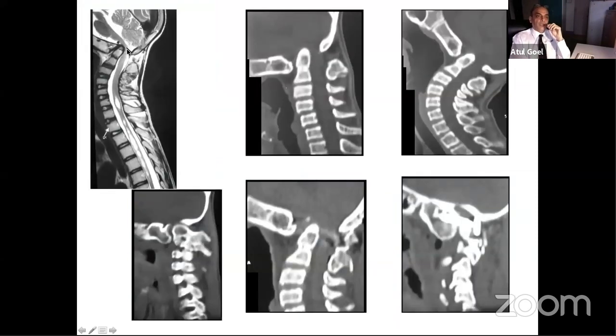So this compression of the odontoid process has been the troublemaker for a long period of time, and removal of this odontoid tip has been the treatment.